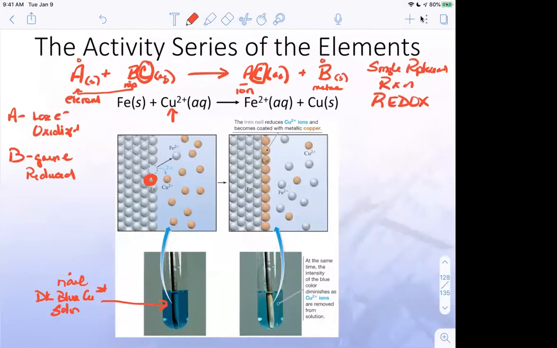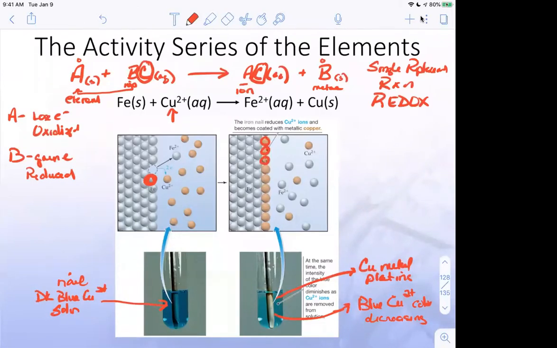It's going to gain electrons. And what I'm going to see is I have sort of a copper plating that's forming on the iron. And I also know that my blue copper 2+ color is decreasing. So these are observations that you would make if you were doing this in the lab.